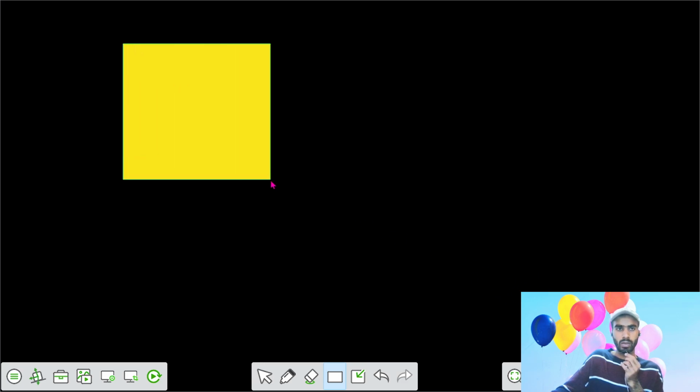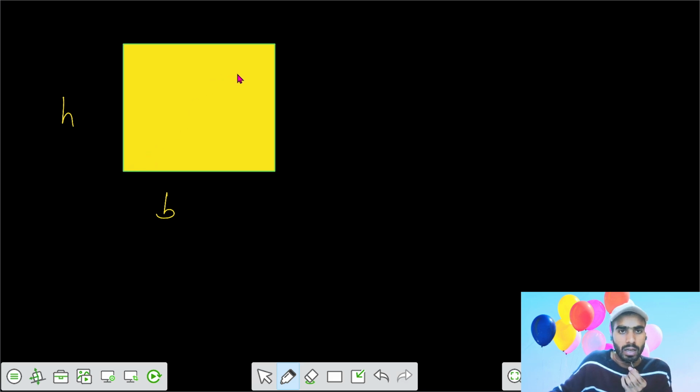Next one, let's say this is your rectangle, this is your b and this is your height h. Now we have those two types of spindle, parabolic.